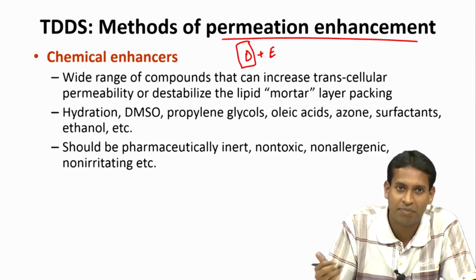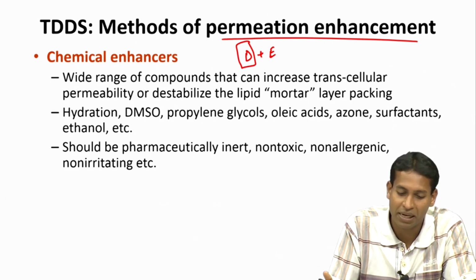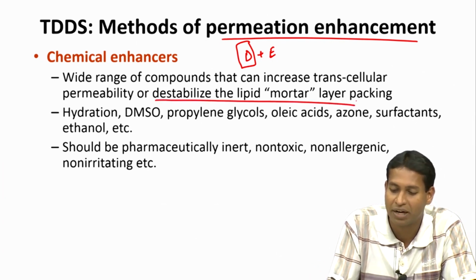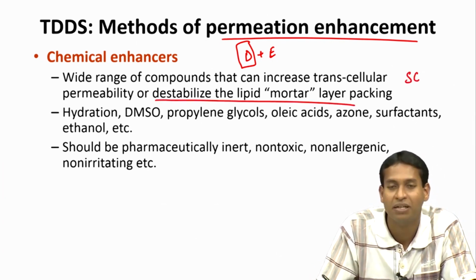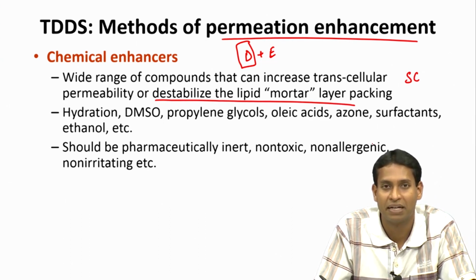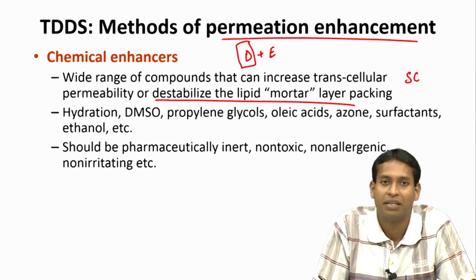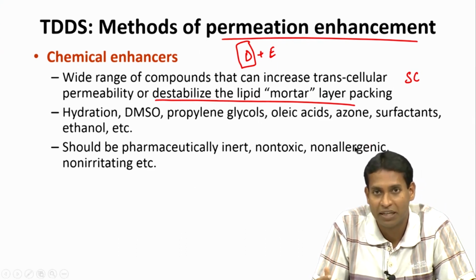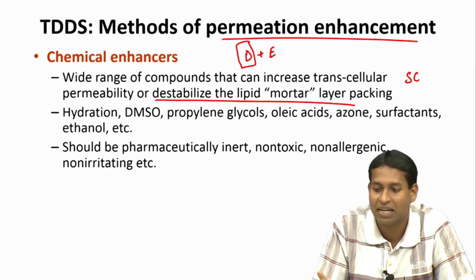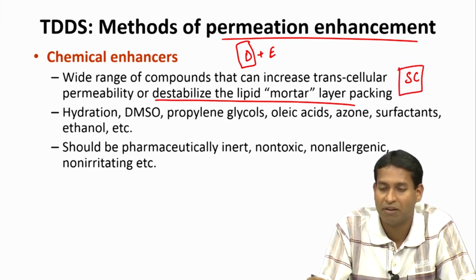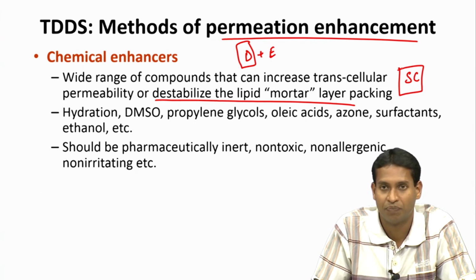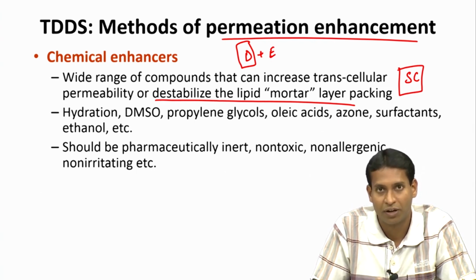The whole concept here is to use chemicals that will destabilize the lipid mortar layer present in the stratum corneum, and once this lipid layer gets destabilized or removed, the permeability of the drug will increase dramatically, because as I mentioned before, the stratum corneum is the layer that is responsible for quite a bit of the protection against the drug permeating through the skin.